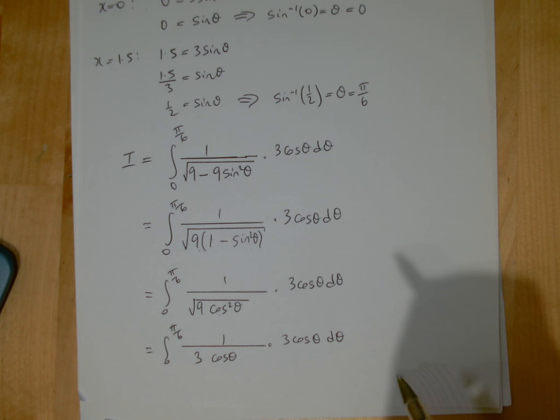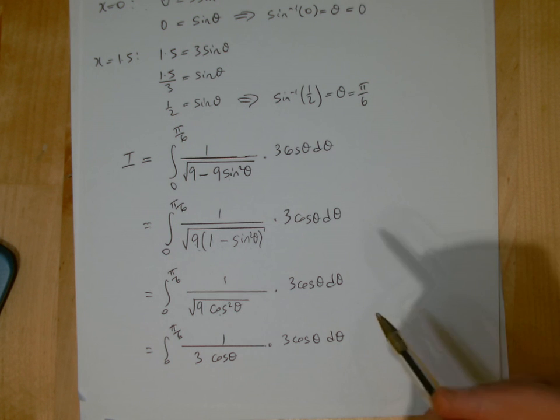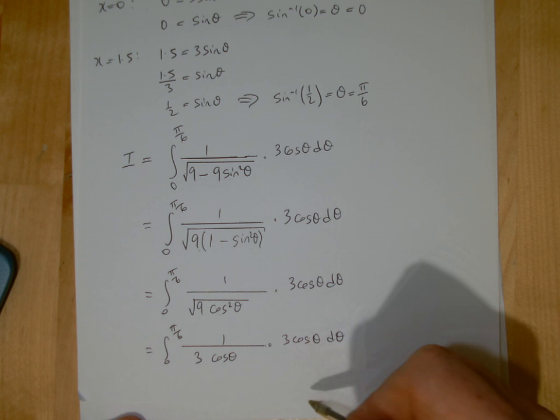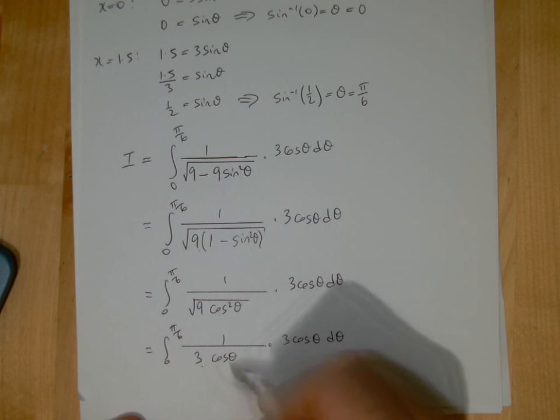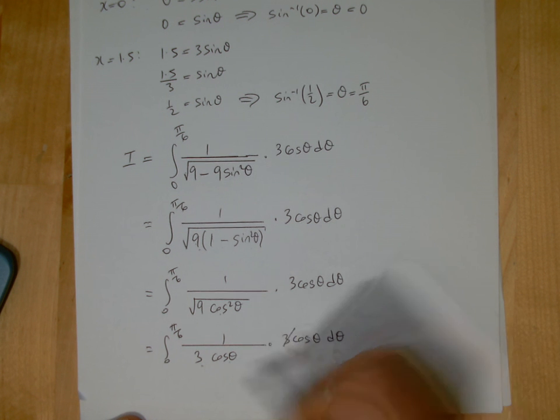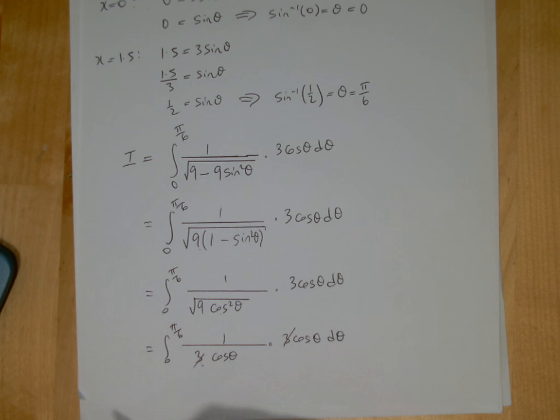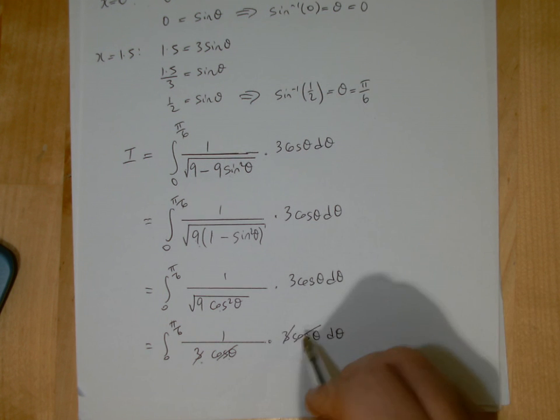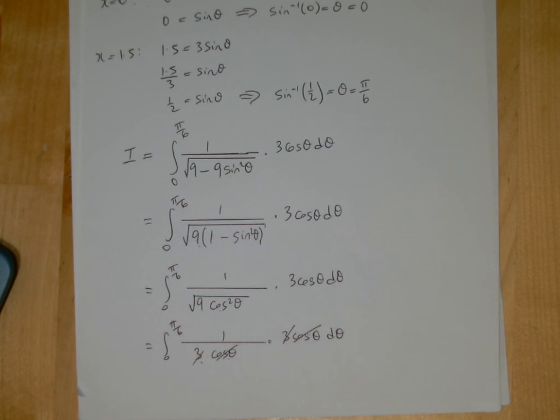Now look at what we've got. Something magical happens, because on top I've got 3 cos theta and on bottom I've got 3 cos theta. So the 3s will cancel, they'll divide to give 1. Cos theta on top, cos theta on bottom will divide to give 1.